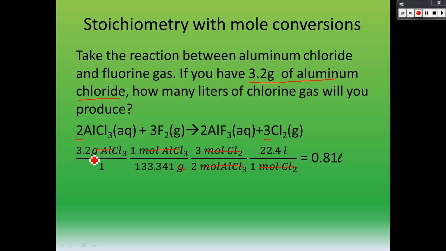And then I can do 3.2 divided by 133.341 times 3 divided by 2 times 22.4, and that gives me 0.81 liters of chlorine gas.